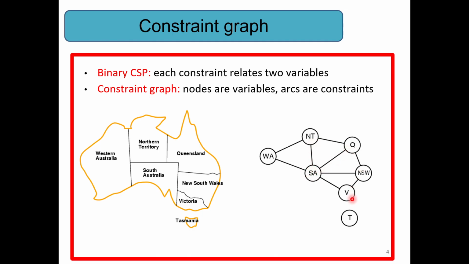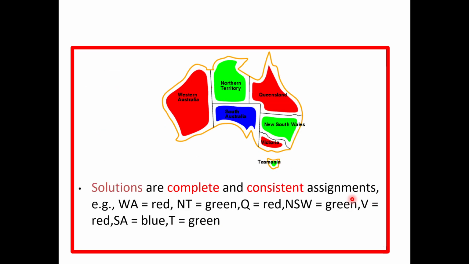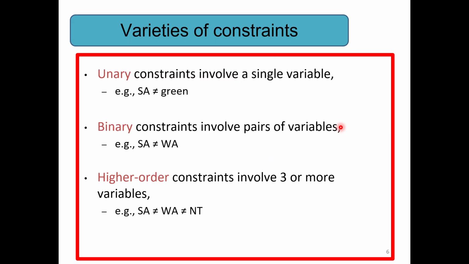Every time we check whether this is satisfying the constraint or not to reach the goal. Finally we get the solution: red, then green, blue, red. So here no adjacent states have the same color. This way we are doing the goal test for checking constraints.